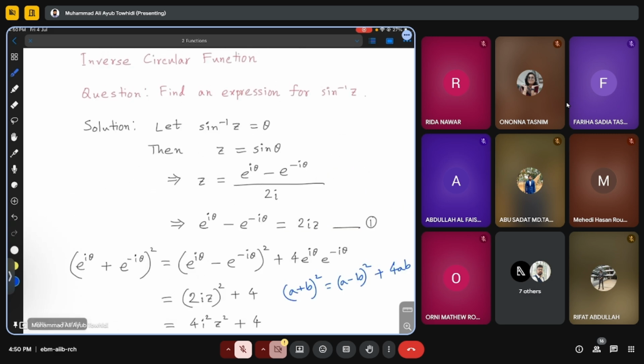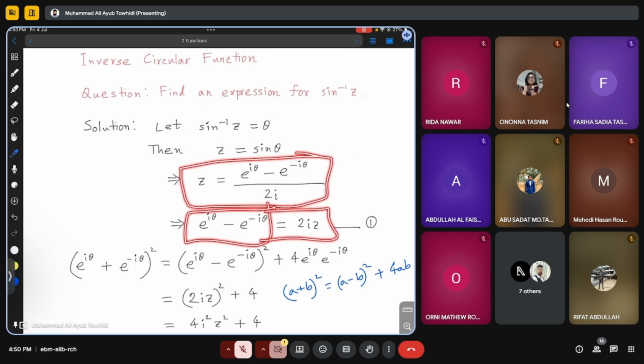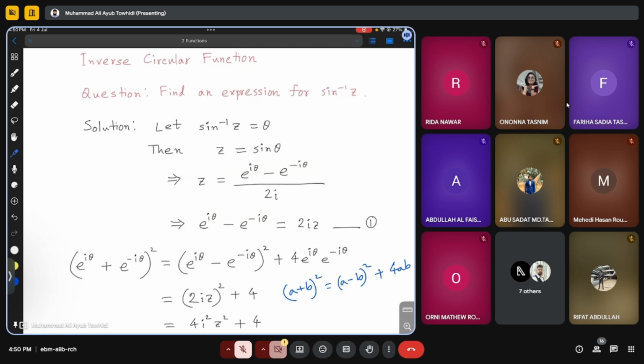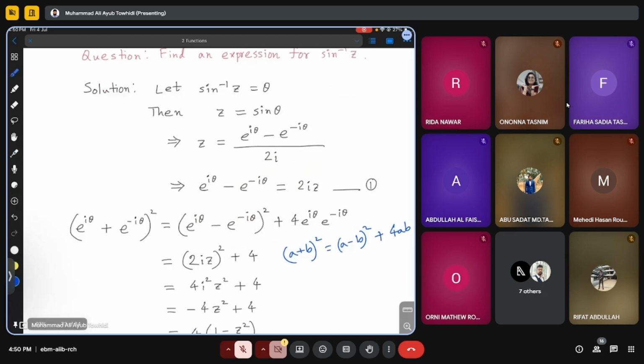This part can also be solved differently. For example, you took z as sin θ, then you put the definition of sin θ from Euler's formula, then e to the power iθ minus e to the power −iθ equals 2iz. Now from here you can write e to the power iθ minus 1 by e to the power iθ equal to 2iz.